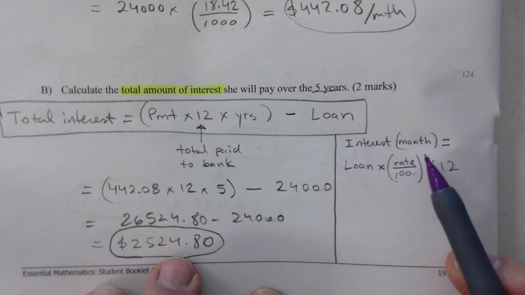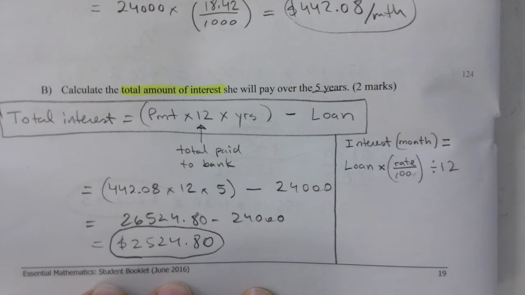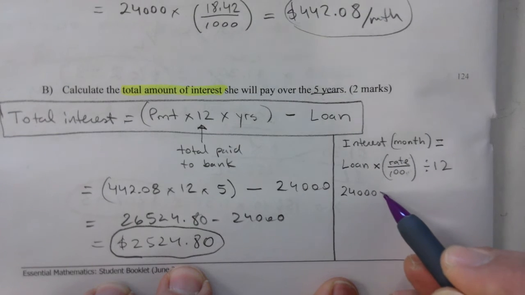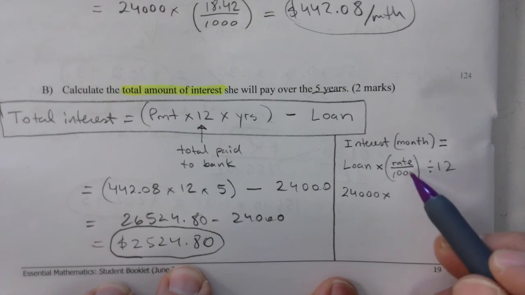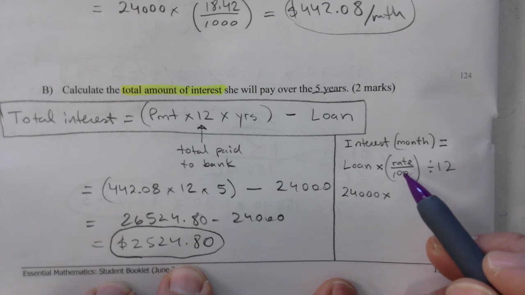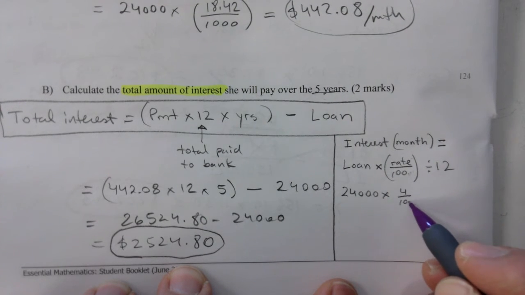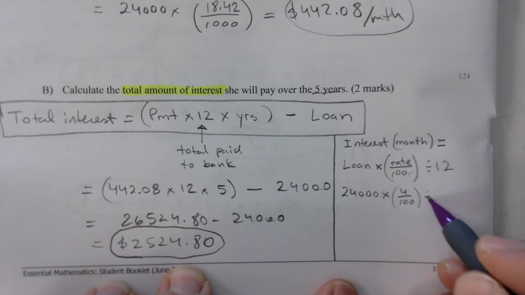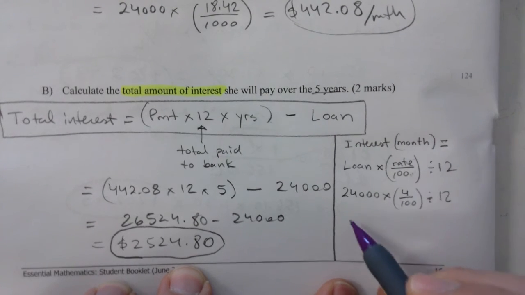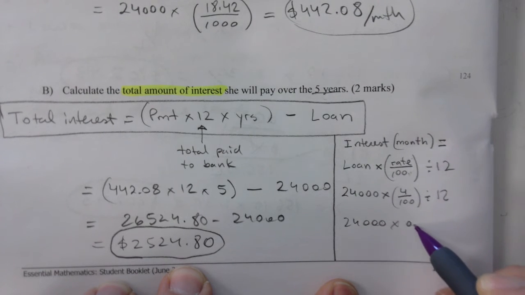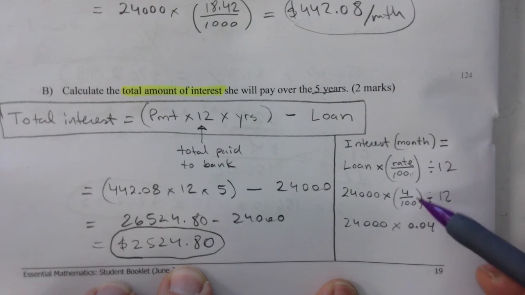That's the one students mix up all the time. So you'd go 24,000 times, and this one I would prefer you do on the side. So it's 4% divided by 12. A lot of us can just do this one in our heads. It's times 0.04 divided by 12.